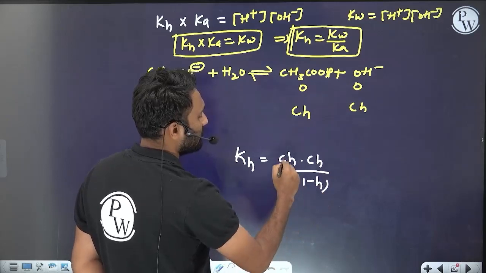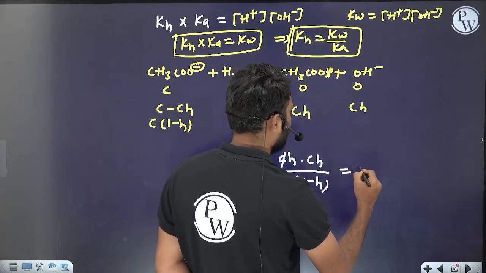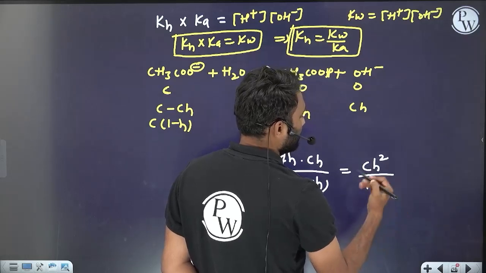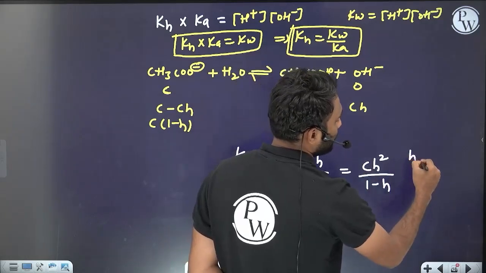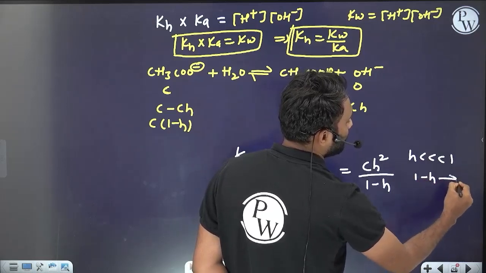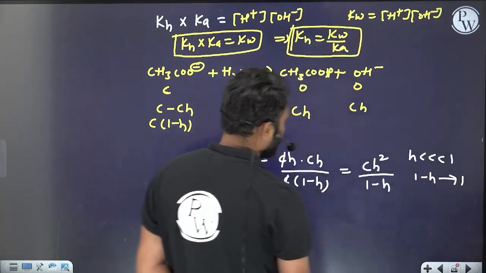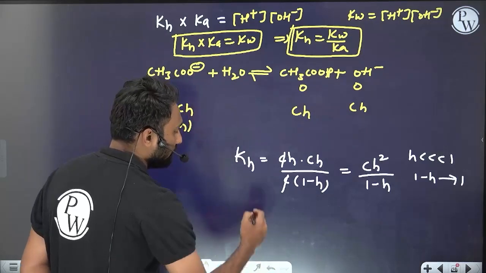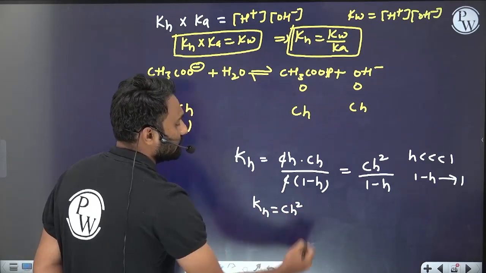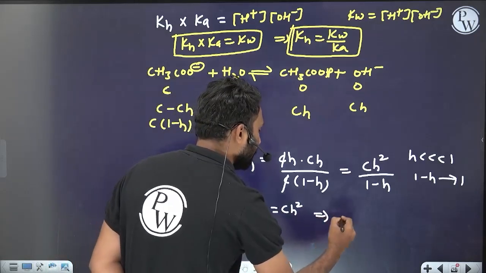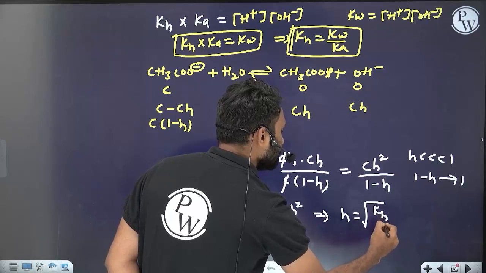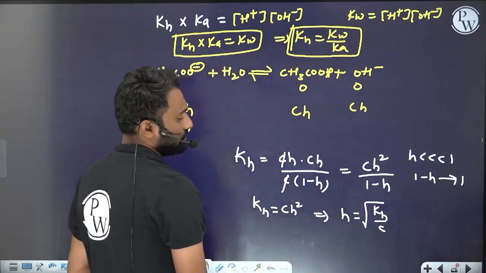C will get cancelled and we'll get Ch square by 1 minus h. For a weak electrolyte, h will be very less than 1, then 1 minus h tends to 1, and KH is equal to Ch square. Now h is equal to under root KH by C.